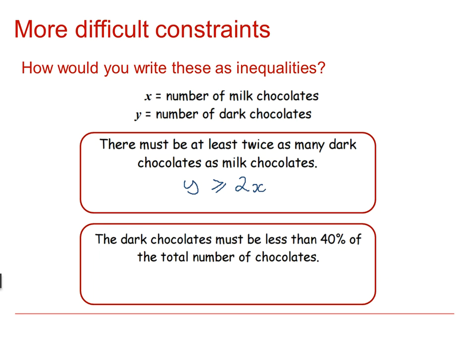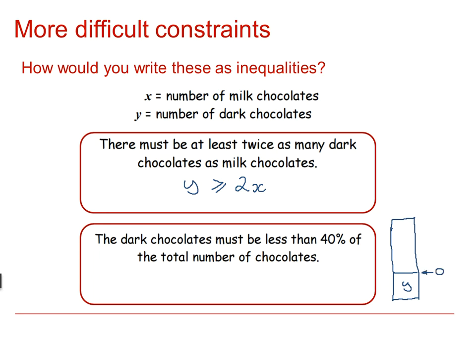A different constraint would be a different problem this time. We've said that the dark chocolates must be less than 40% of the total number of chocolates. This one I tend to do visually. If you imagine a rectangle representing all of our chocolates, then the dark ones are the smaller bit at the bottom, which as a maximum reaches 40%.